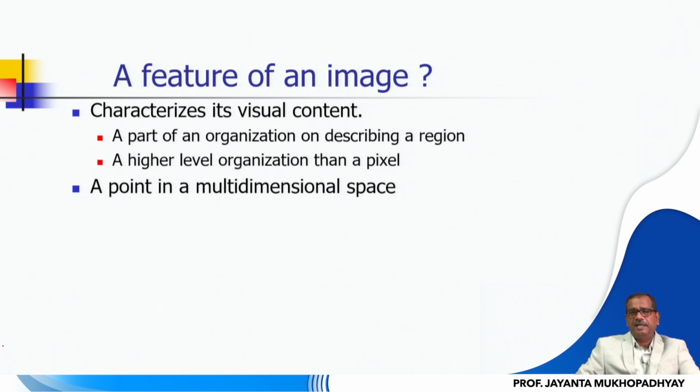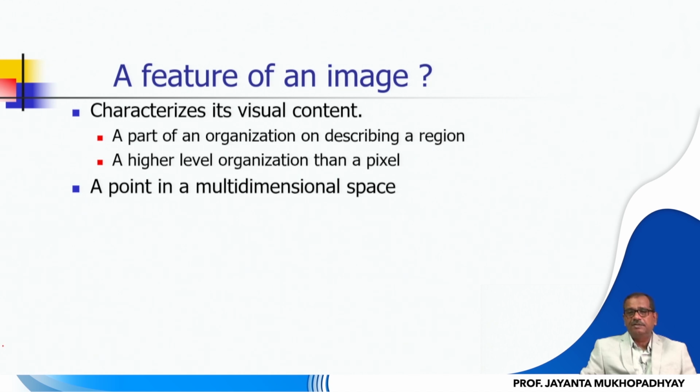Usually the mathematical form of a feature is a point in a multidimensional space. If I consider simply the pixel value, it is only a one-dimensional description, the brightness value, a content at a particular site of the image, which is the pixel.